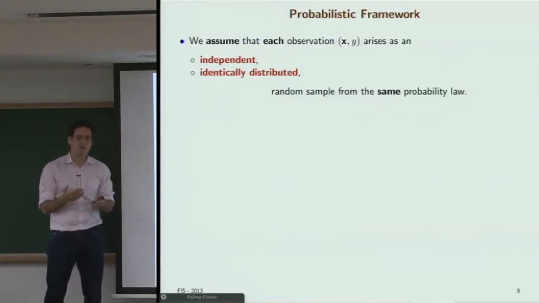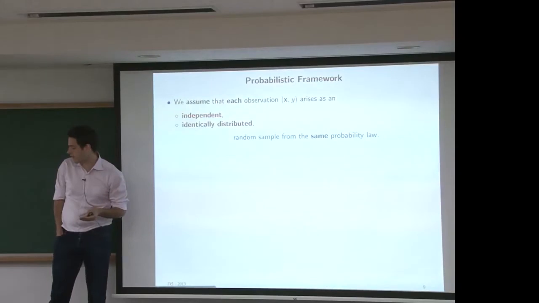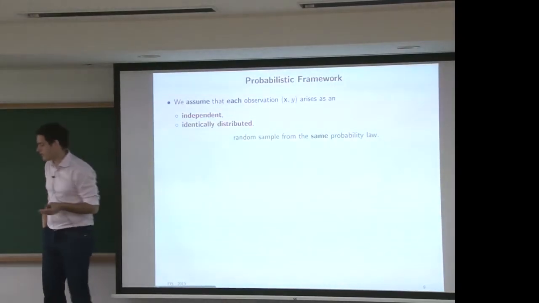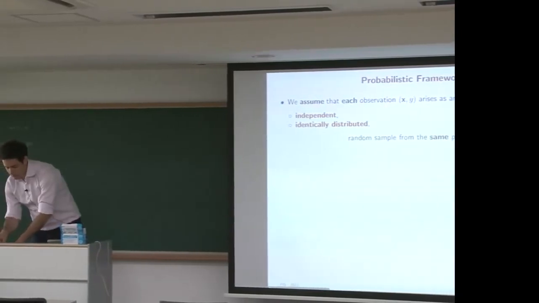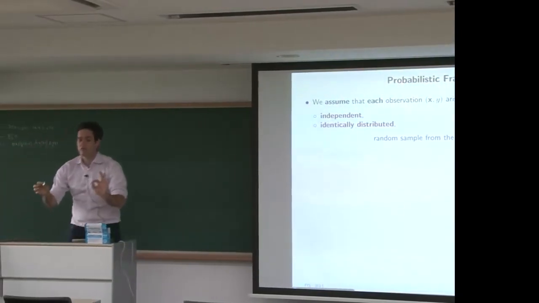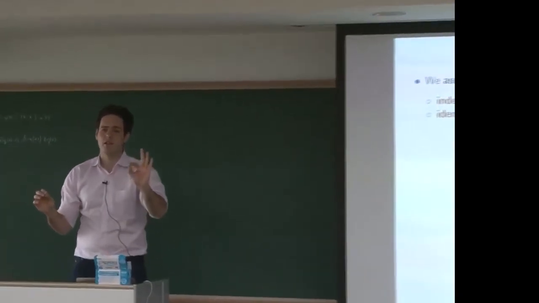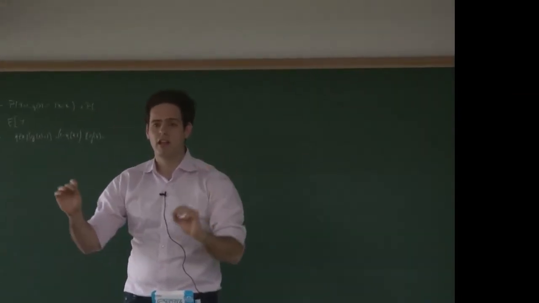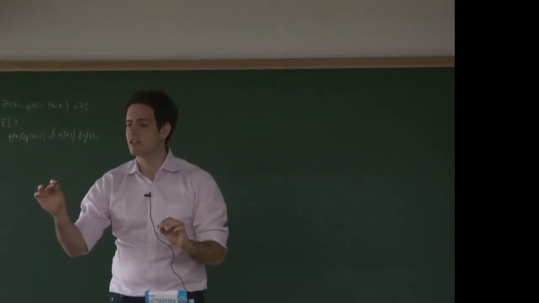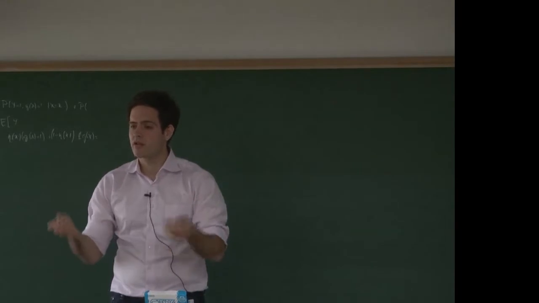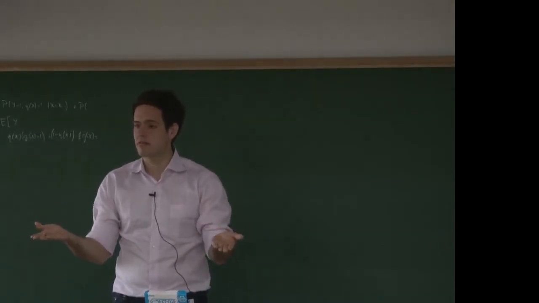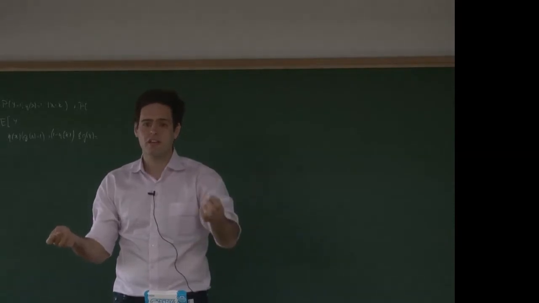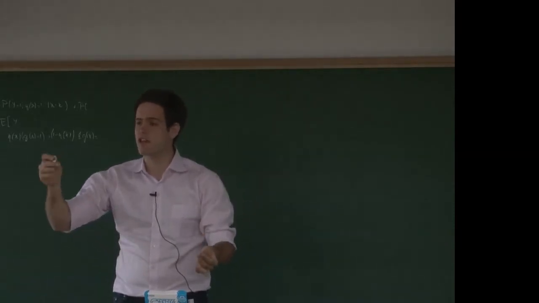And the identical distribution is the fact that, for instance, if I have two coins, let's say they are asymmetric. This one has a high probability of having a tail, and this one has a high probability of having a head, okay? If I draw them separately, they are independent, right? They're completely independent. The fact that this is a head or a tail will not influence the fact that this is a head or a tail.